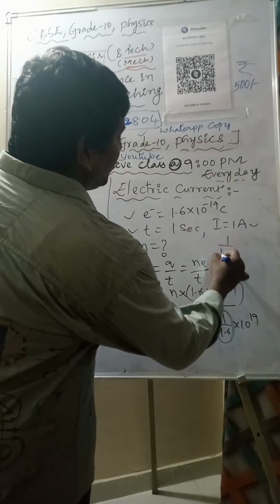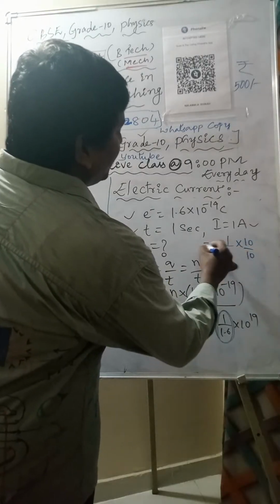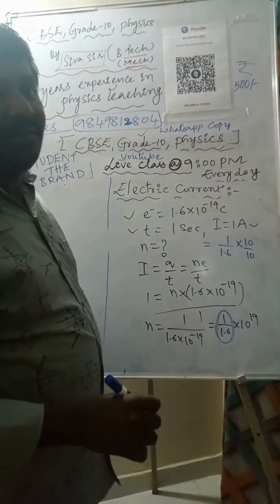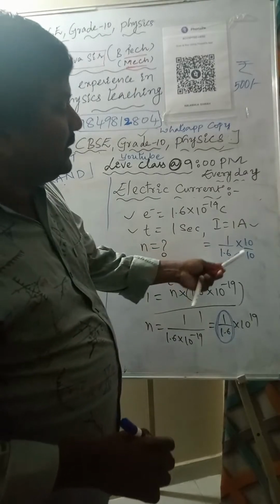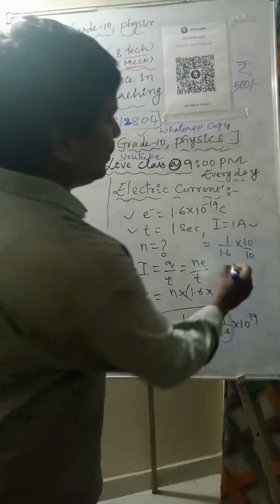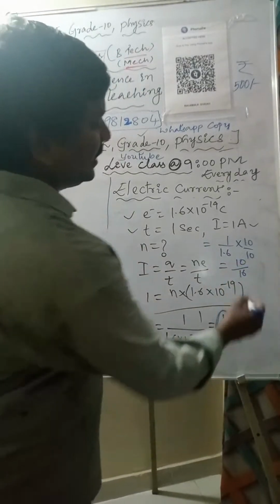For those who want to solve it the easy way, you can take 1 by 1.6 into 10 by 10, then you will get 10 by 16.